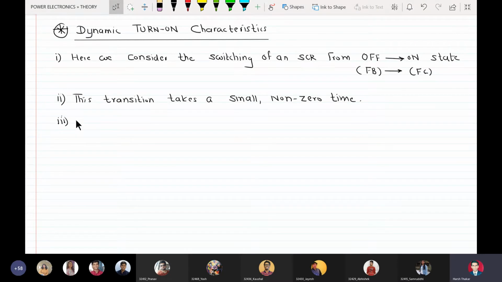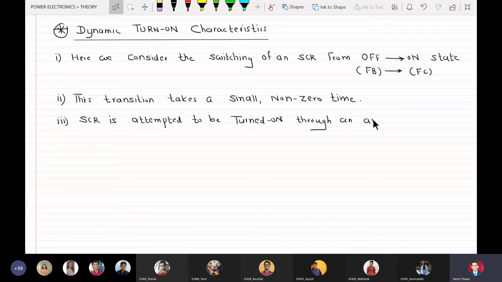Third, the SCR is attempted to be turned on through an appropriate gate drive.